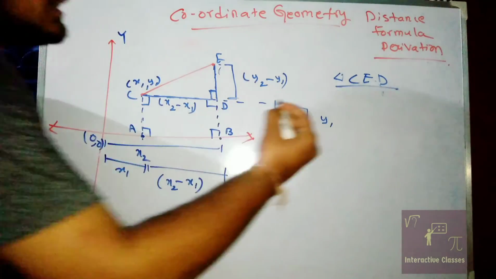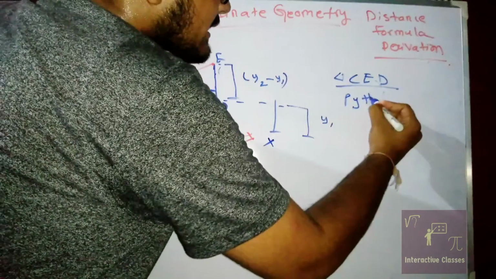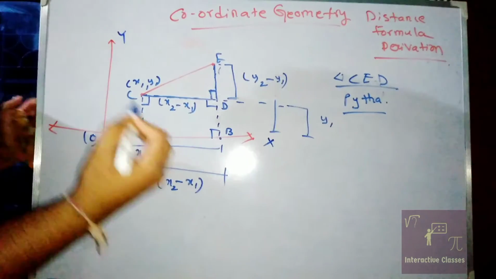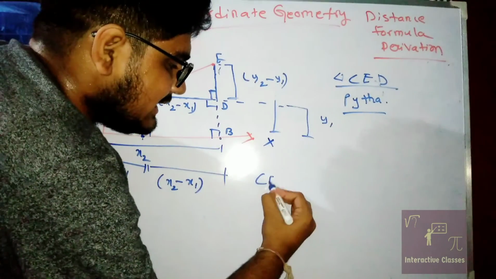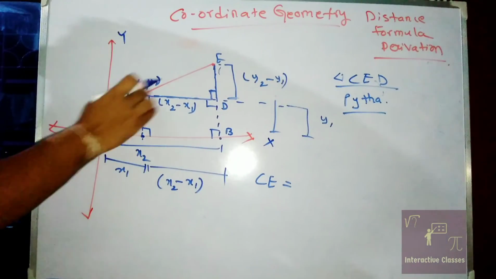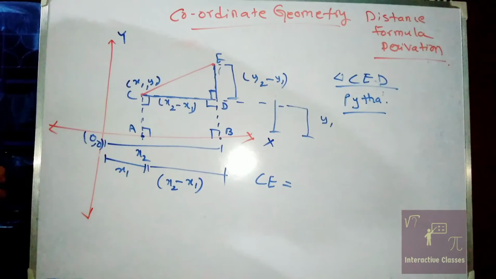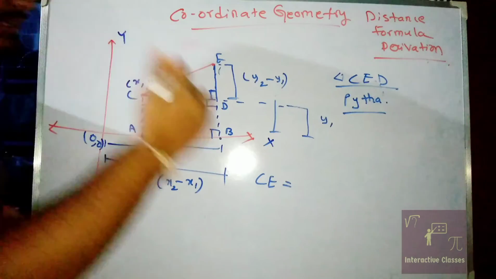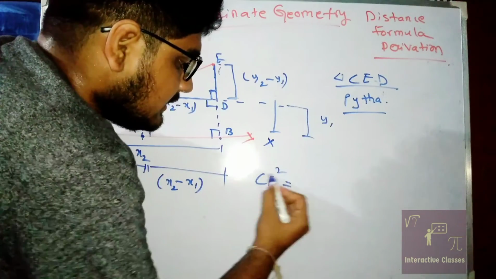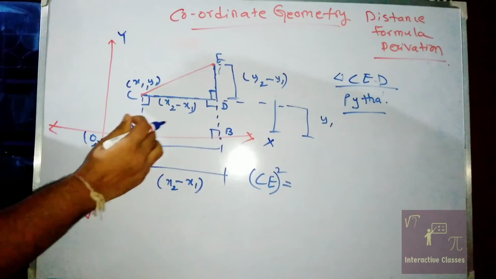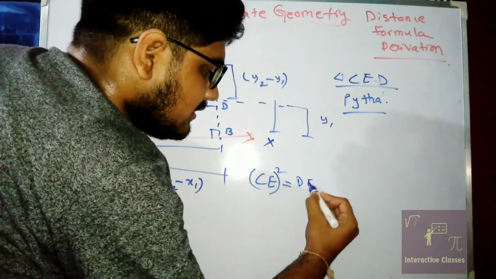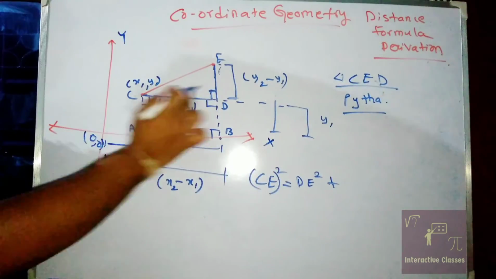Now we can use the Pythagoras theorem and we can state that CE, which is the magnitude of this line or the distance of this line, CE square equals DE square plus CD square.